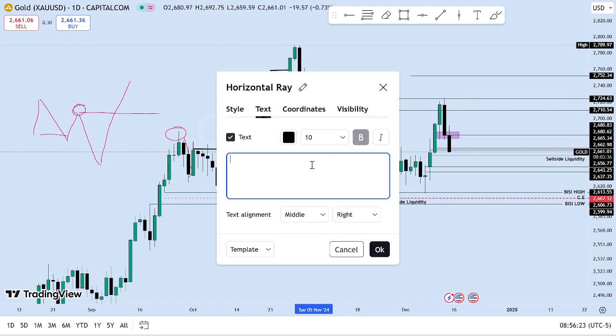CB, buying fair value inefficiency BC, selling. If we create the inefficiency while price is selling short, it is CB, that is sell side imbalance, buy side inefficiency.